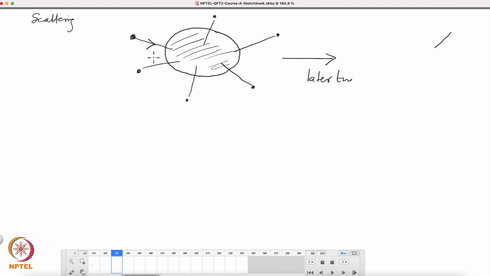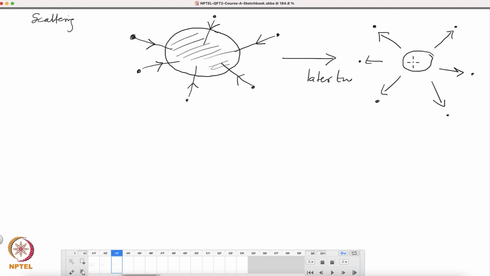So here these particles were going in, and later you have several particles coming out, and if you wait long enough, you'll see particles which are localized in space with some definite momentum or reasonably well defined momentum and reasonably well defined location.